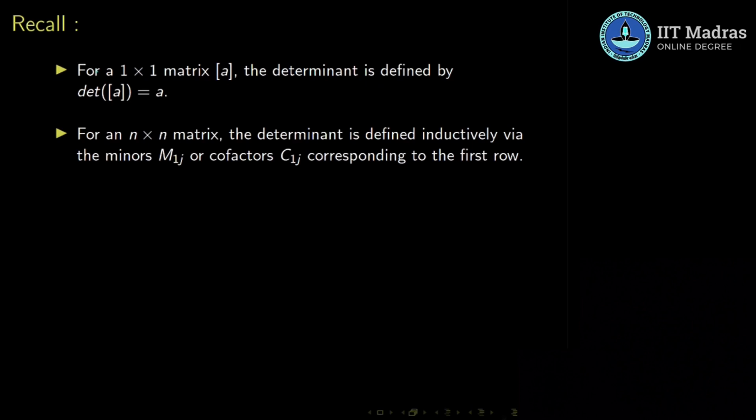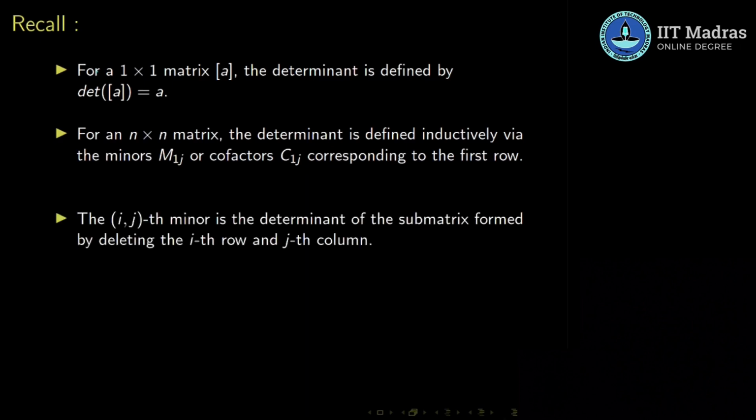And then we said that in general we use the minors or cofactors corresponding to the first row in order to define the determinant. So, the idea is if you know how to define the determinant for an n minus 1 by n minus 1 matrix, then you can use this procedure to get it for the n by n matrix.